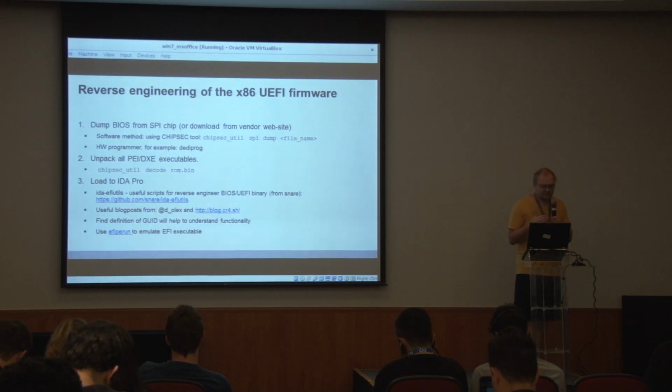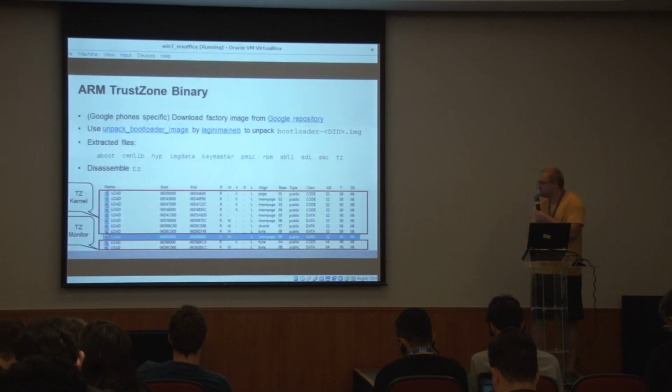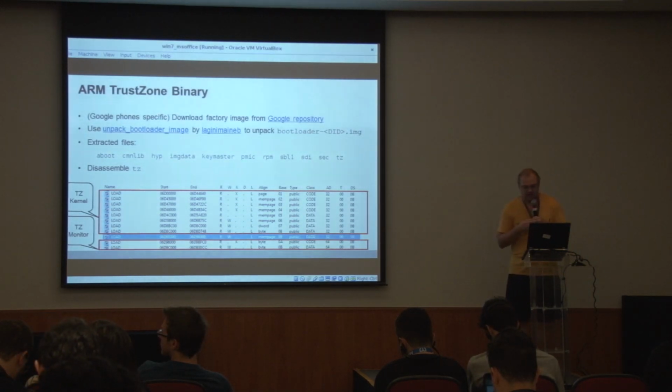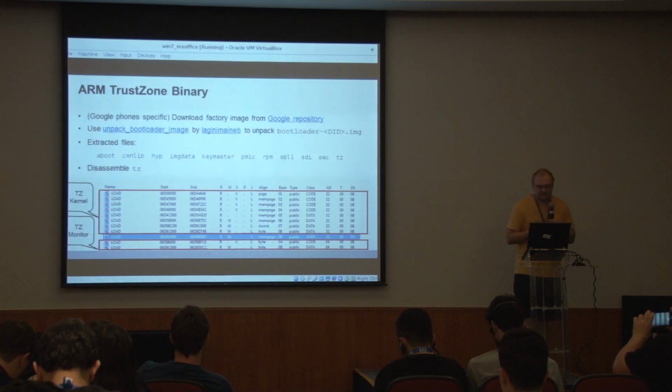So analysis of the BIOS in x86 firmware is really similar to analysis of any other binary, ntdll or whatever binary you want. So I will focus here a bit on how you can start reverse engineering and analyzing ARM systems.